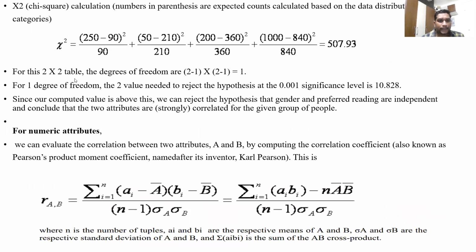For this 2 by 2 table, the degree of freedom is calculated as rows minus 1 into columns minus 1, so 2 minus 1 into 2 minus 1 gives 1.